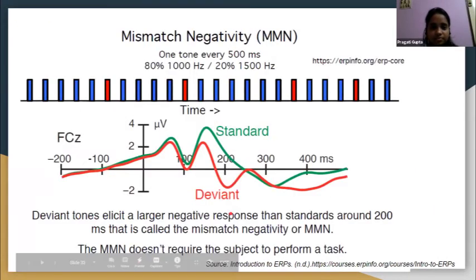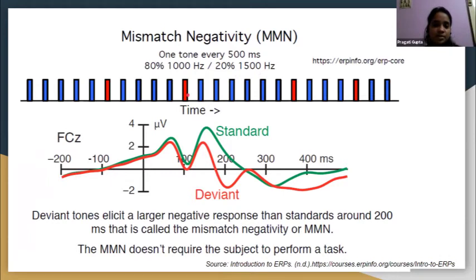Then we have the MMN, the mismatch negativity, which is usually the auditory mismatch negativity. Similar to the oddball, here we have tones with different frequencies. For example, 80% of the tones are 1000 hertz and 20% of the tones are 1500 hertz.